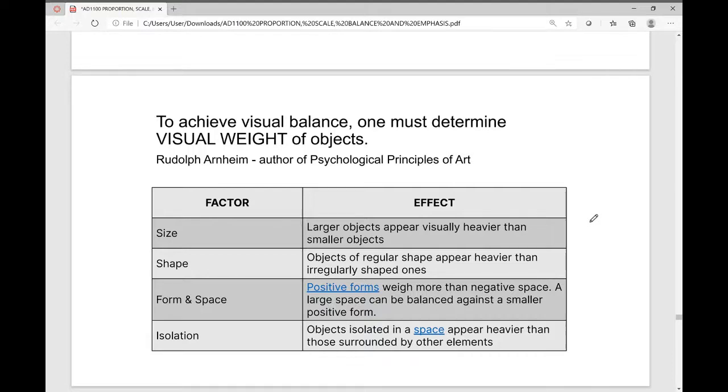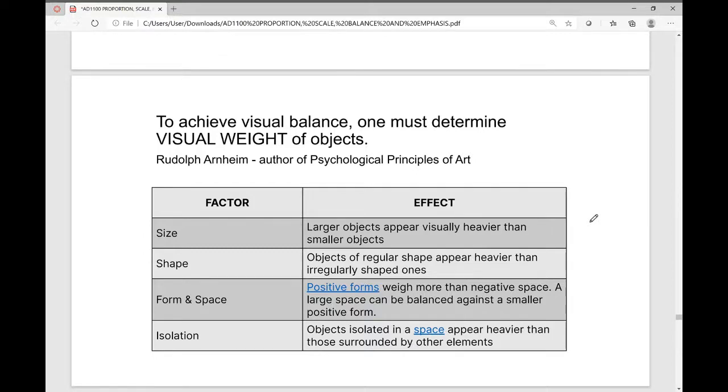That's why you have to play around with massing and scale and shape and form. Form and space: positive forms weigh more than negative space, so a large space can be balanced against a smaller positive form. That's why in architecture and design, if you are designing a vast space, it can be balanced with smaller or positive forms.